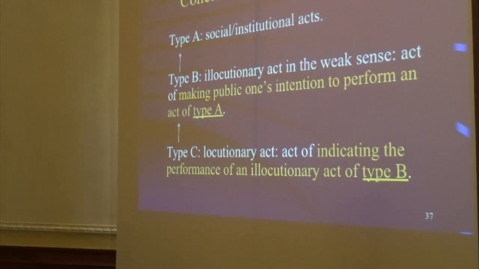And what I said about the locutionary act shows that we have a similar dependence. The locutionary act itself is defined in terms of the illocutionary act in the weak sense. The locutionary act is nothing but the act of indicating the performance of an illocutionary act of type B. So you've got this sort of hierarchy, which is basically the take-home lesson of this talk. Thanks.